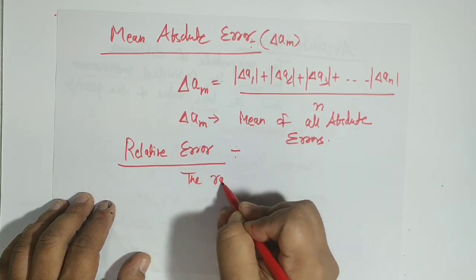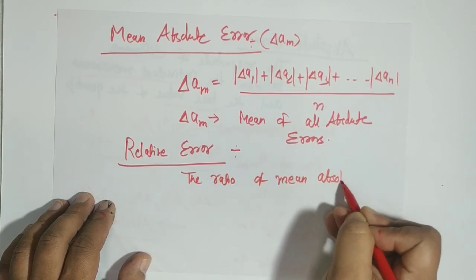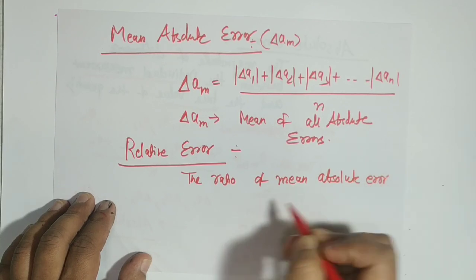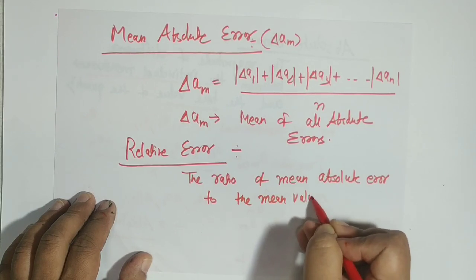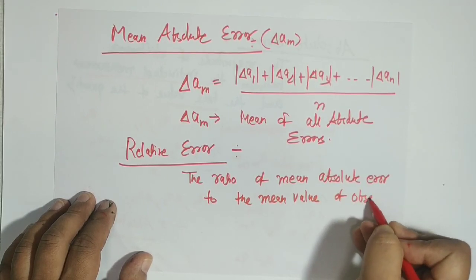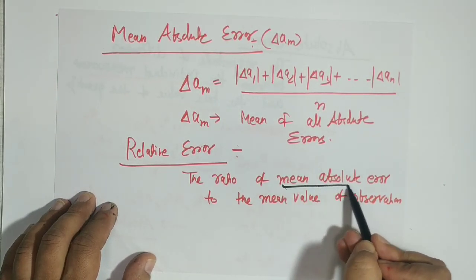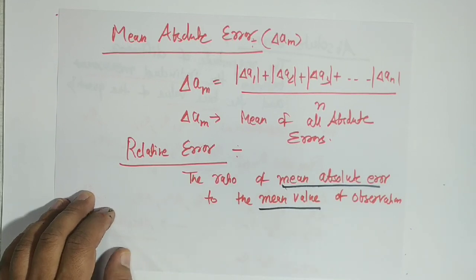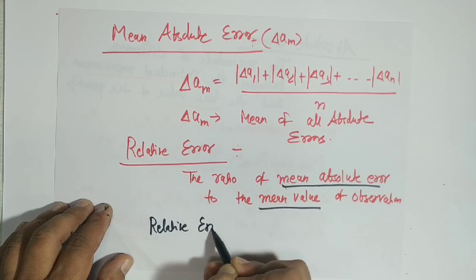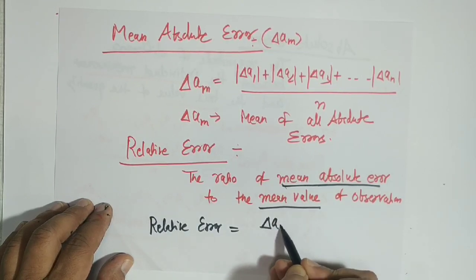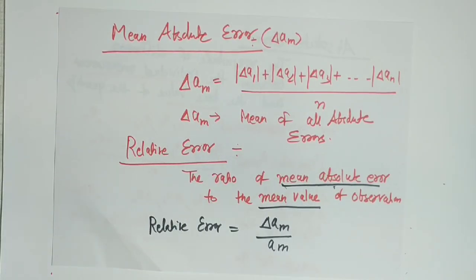Relative error is the ratio of the mean absolute error to the mean value, which is the true value of the observation. Are you getting it? Simply, relative error is delta a mean divided by a mean, where delta a mean is the mean absolute error and a mean is the mean value. So relative error is defined like this.